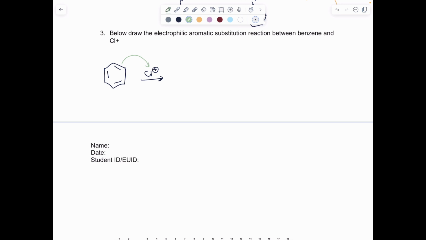So benzene's the nucleophile, chlorine's the electrophile. When it attacks, we are left with a chlorine on one side of the double bond and a positive charge on the other side, because this carbon here lost one of its bonds, so it's now a carbocation.